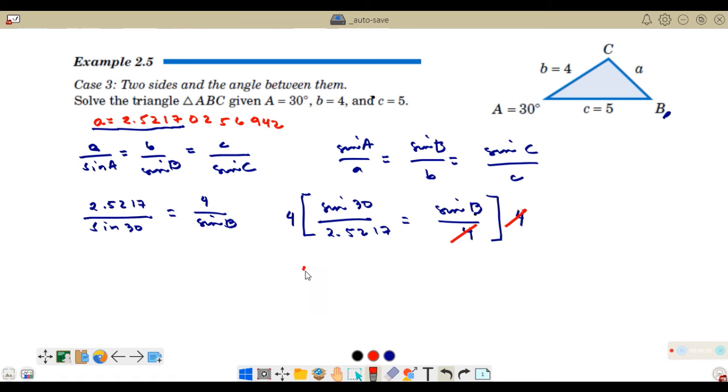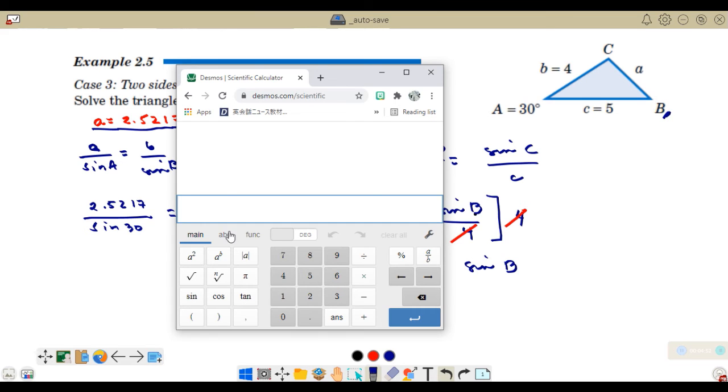So here we have 4 times sine 30 over 2.5217 is equal to sine B. Oh, wrong. There, sine B. It is just like that.